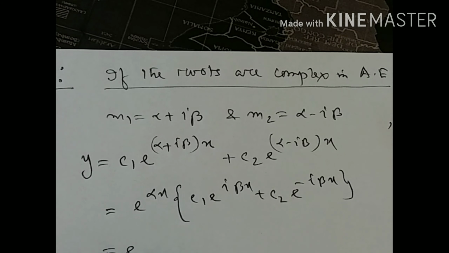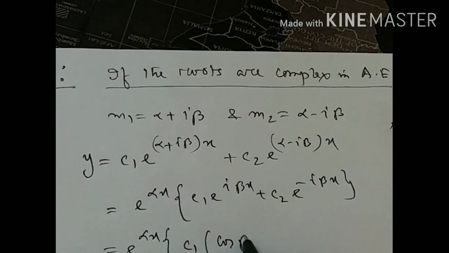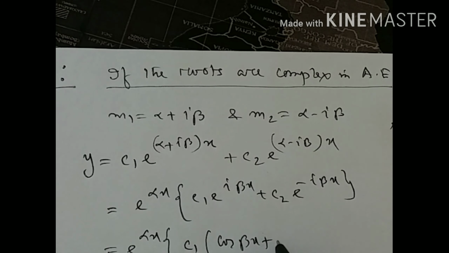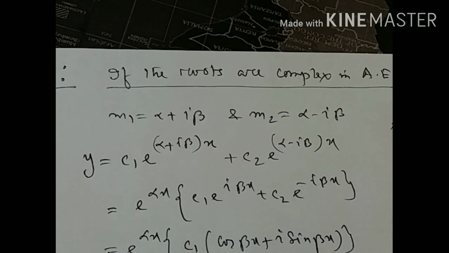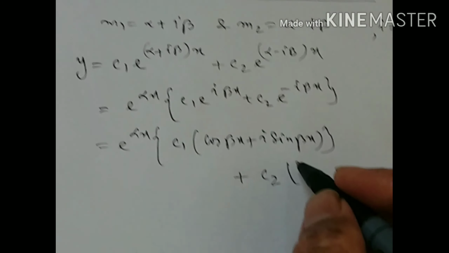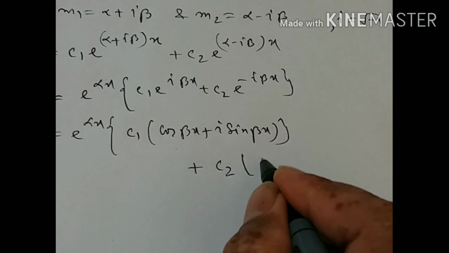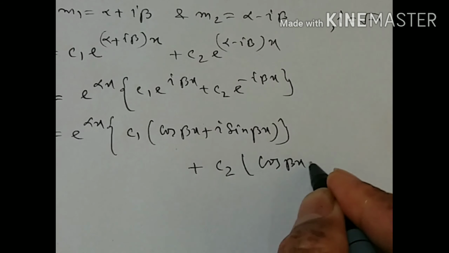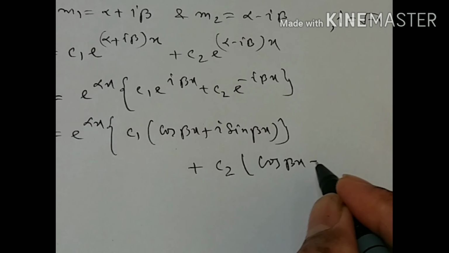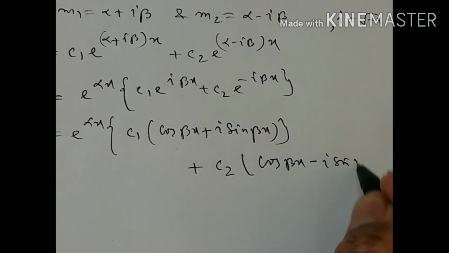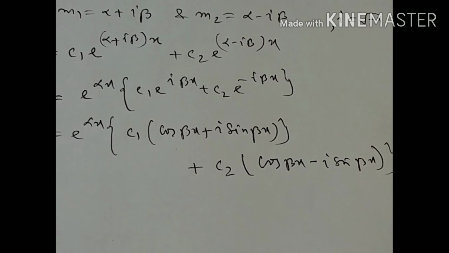Now use de Moivre's theorem. So e to the power i beta x equal to cos beta x plus i sin beta x. Similarly, c2 e to the power minus i beta x equal to cos of beta x, and since sin of minus theta equals minus sin theta, minus i sin beta x.